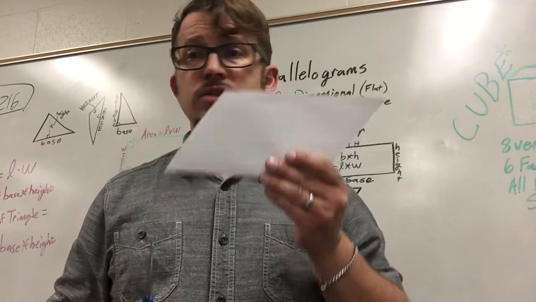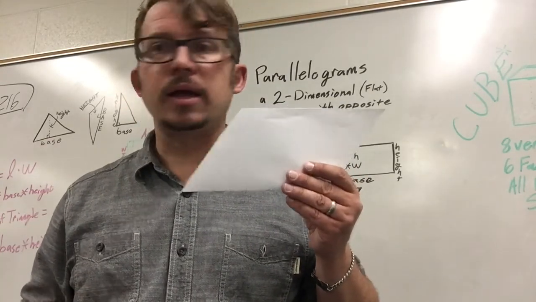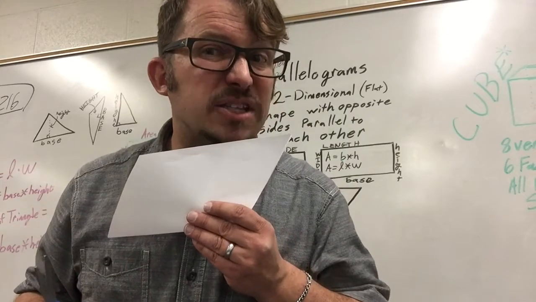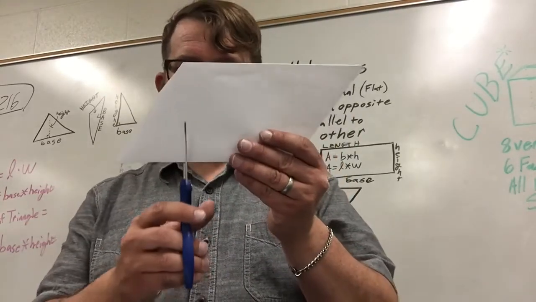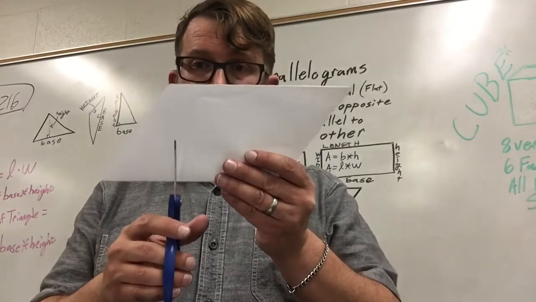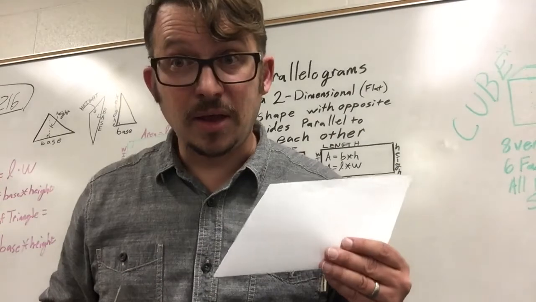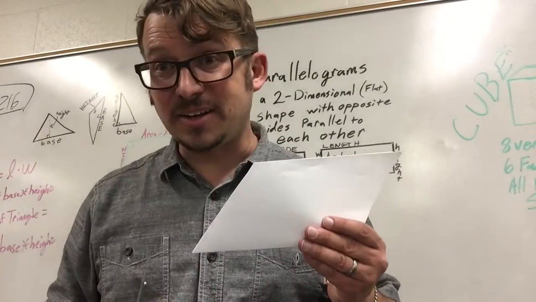Now, consider, if you will, this basic parallelogram. Yes, that means it likes pumpkin spice. I'm going to cut a piece off of it at a right angle. That's right, 90 degrees.